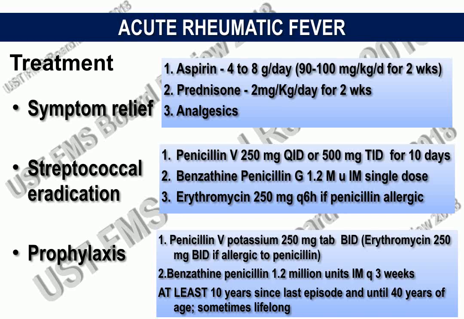And this can be achieved through maintenance oral penicillin or the erythromycin alternative, which can be given daily, or you can give benzathine penicillin injection IM every 3 weeks. And this is done for at least 10 years since the last episode, or until 40 years of age. And sometimes it can be given lifelong.